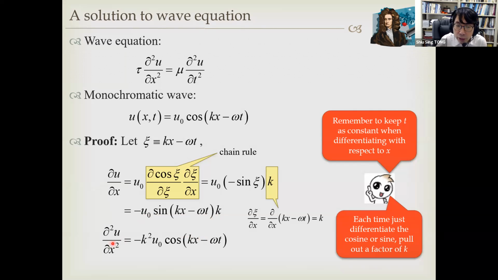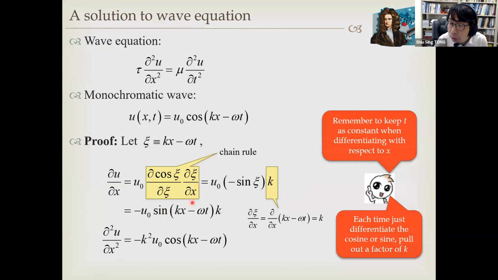Eventually what I got is minus u naught k sine of kx minus omega t. Now, how about if I differentiate again to find a second derivative? Now, the rule is simple. You can see from this calculation that the rule of partial differentiation is simple. Whenever I do a derivative, I turn the sine into cosine or cosine into a minus sine. For the second derivative, we turn the sine into a cosine.